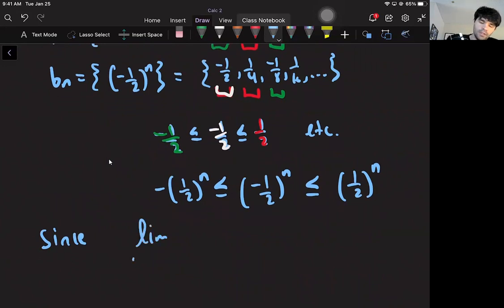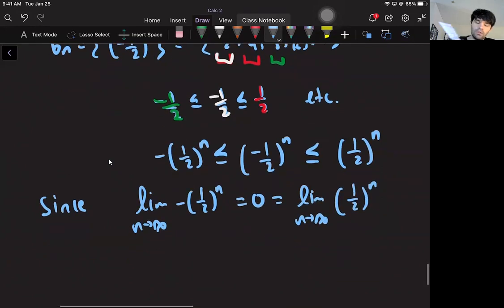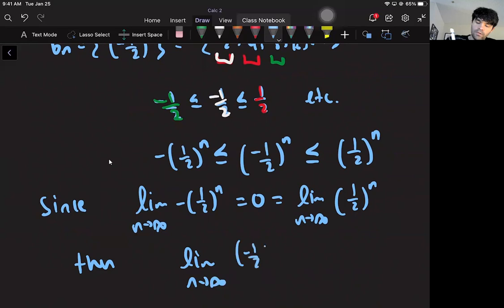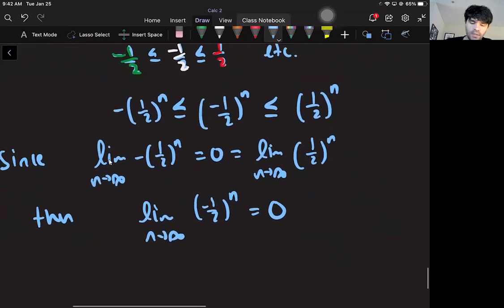So then, since this limit we already had said is 0, and it's the same as the one on the right, then the limit in the middle is the same as well. So we never actually calculate this limit by doing anything to that sequence. We only know what happens to the outsides, and it tells us what happens to the inside.